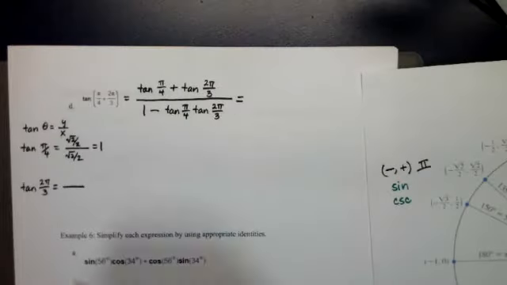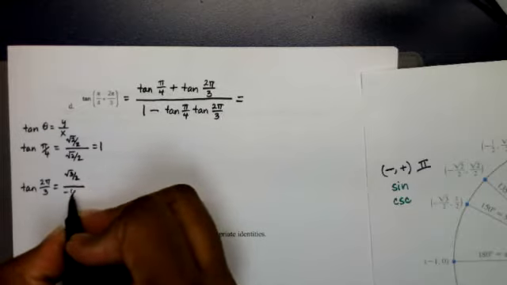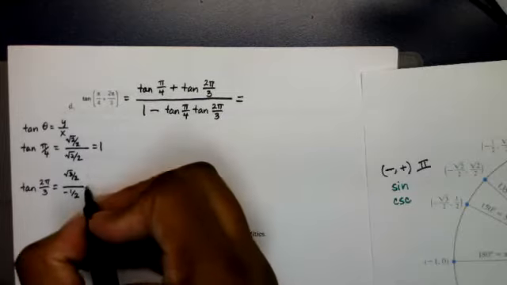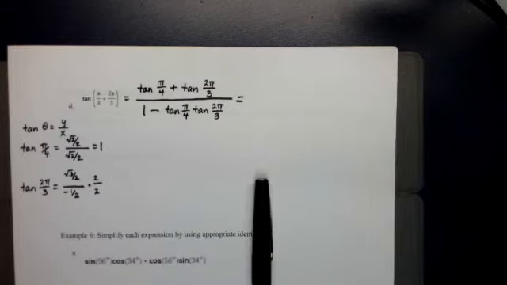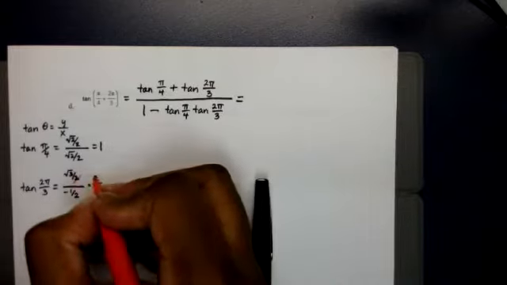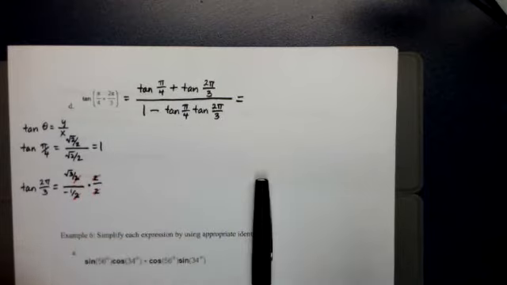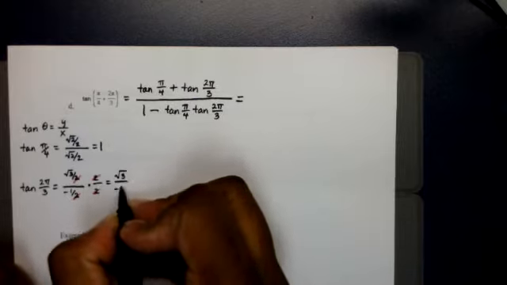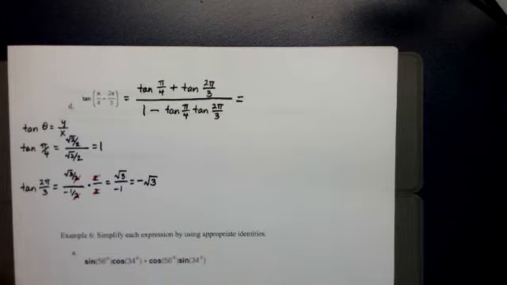So if I do the square root of 3 over 2 divided by negative 1/2, I can divide the numerator and the denominator by 2, so the 2's divide out. This will be the square root of 3 over negative 1. That's going to be negative square root of 3. That's what tangent of 2 pi thirds will be.